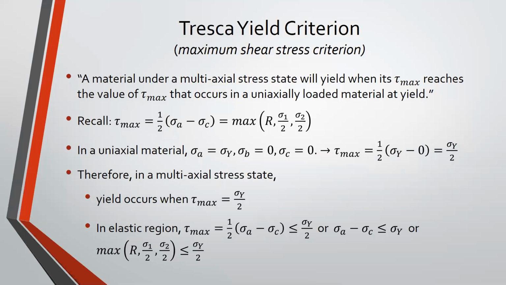All it knows is what it is experiencing on an element within that material. And so it's not necessarily that there's something magical about yield stress, so much as there's a maximum shear stress that is occurring. So let me restate.